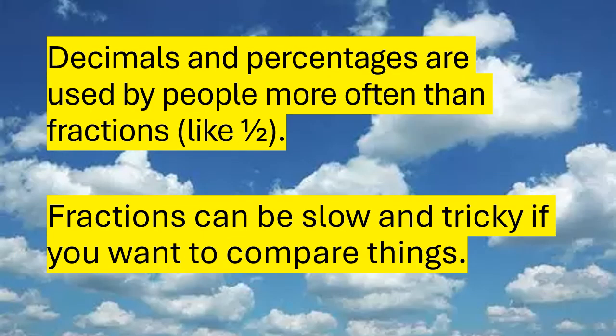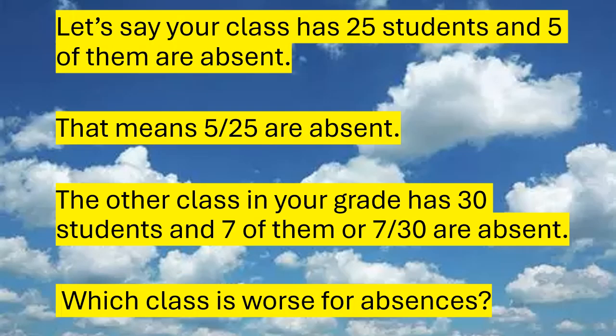Decimals and percentages are used by people more often than fractions, like 1/2. Fractions can be slow and tricky if you want to compare things. Let's say your class has 25 students and 5 of them are absent. That means 5 out of 25 are absent.